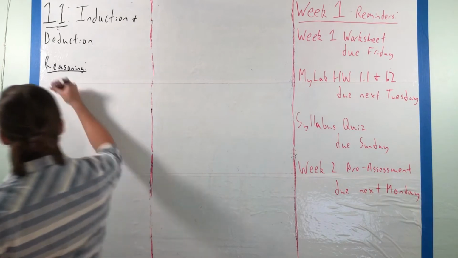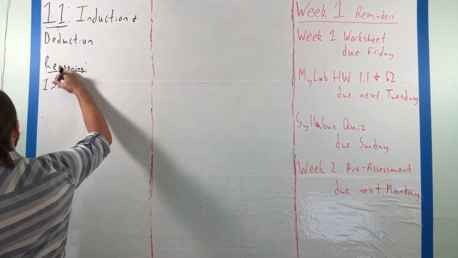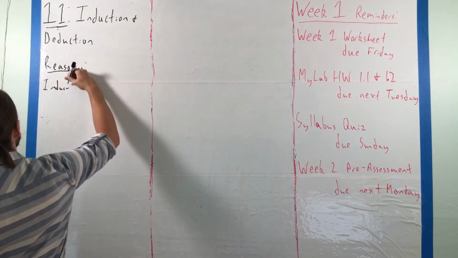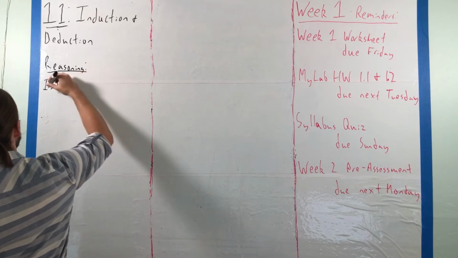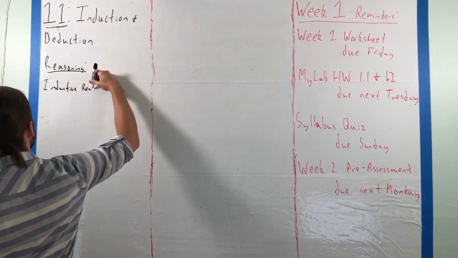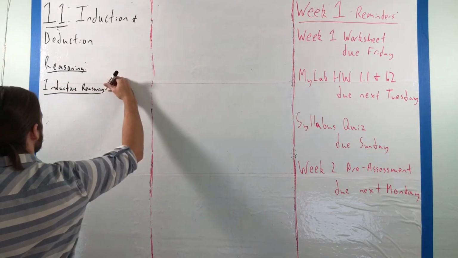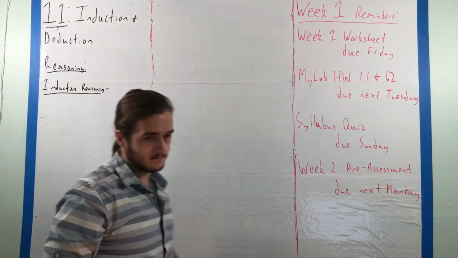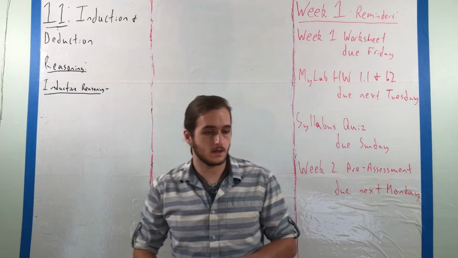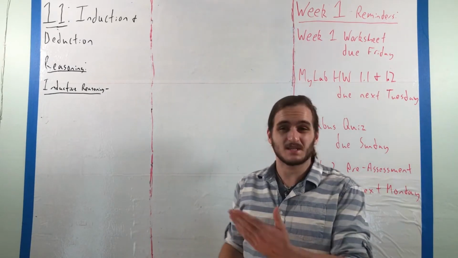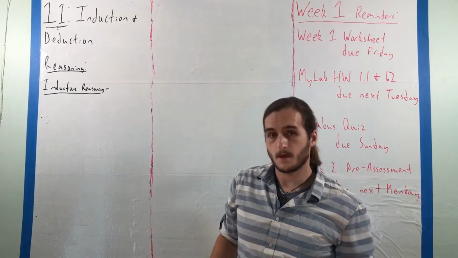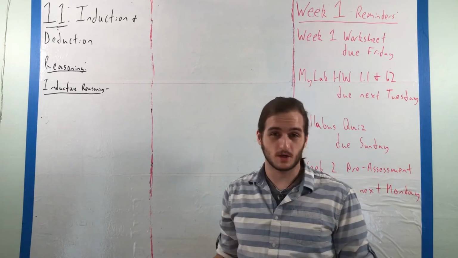So, working with inductive reasoning, what we're doing is taking some information that we have. We are looking to take some specific evidence that we're working from. We're trying to build a more general conclusion.